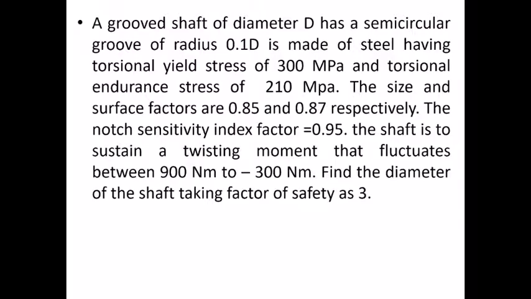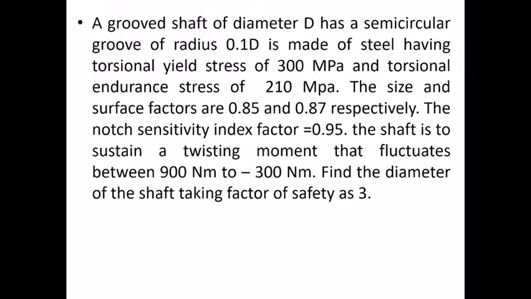Next, one more problem. A grooved shaft of diameter capital D has a semicircular groove of radius 0.1 d, and is made of steel having torsional yield stress of 300 megapascal and a torsional endurance stress of 210 megapascal.